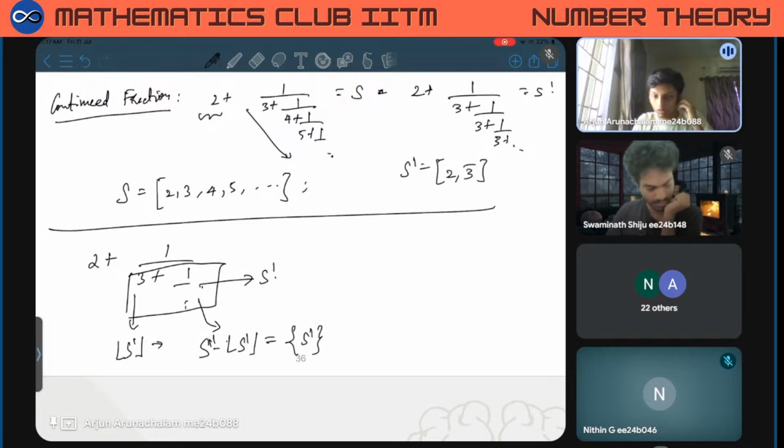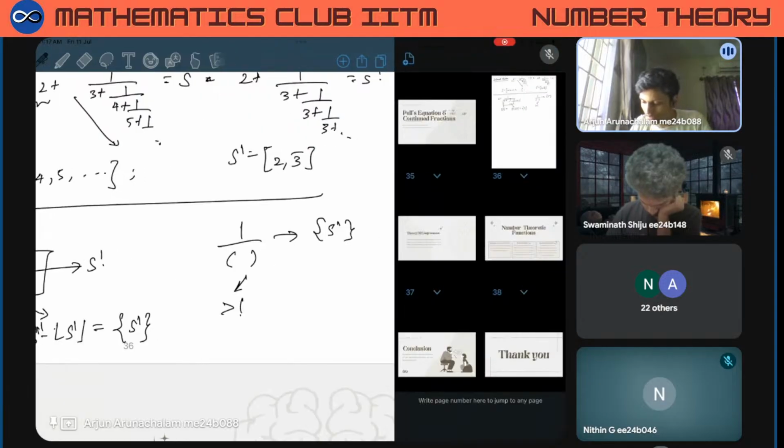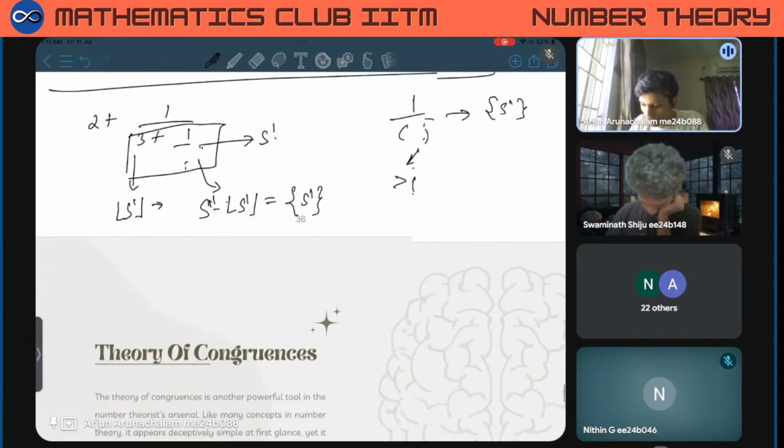And because you do 1 by the fractional part, this in itself will be greater than 1, and it's a way in which you can continue writing the fraction.